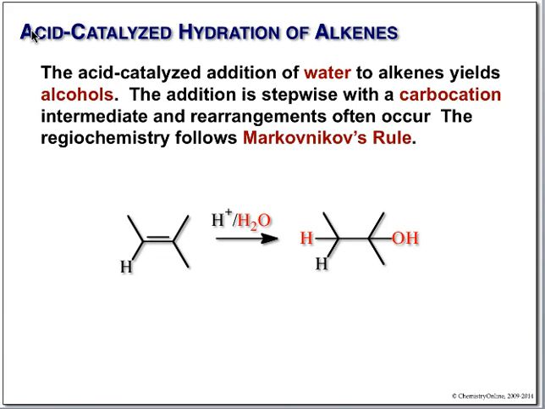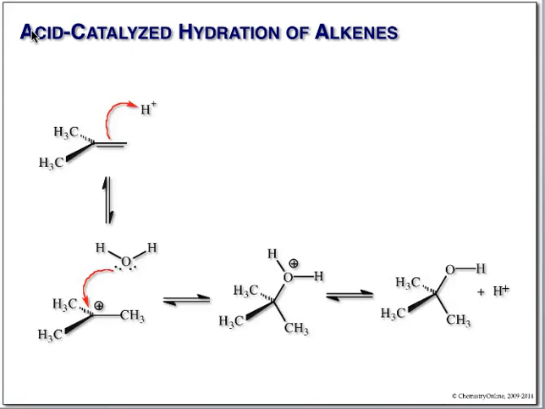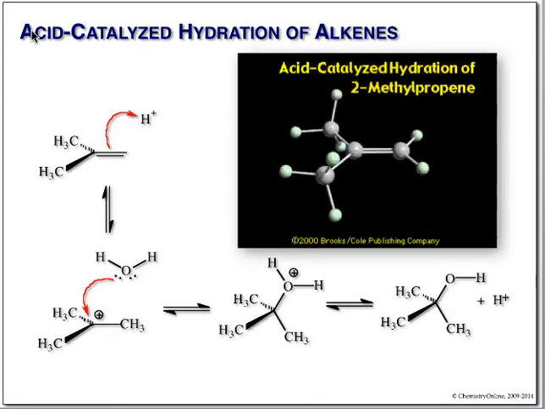We have a movie. The steps: we form our pi complex. That will give us a carbocation. Instead of Br minus attacking, here water simply attacks, loses a proton, and we wind up with the Markovnikov alcohol.